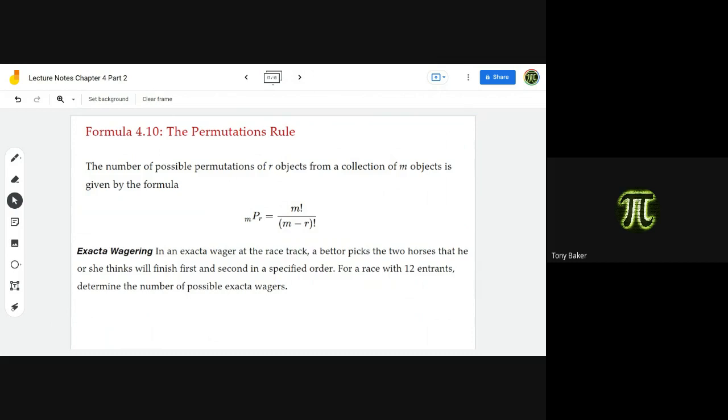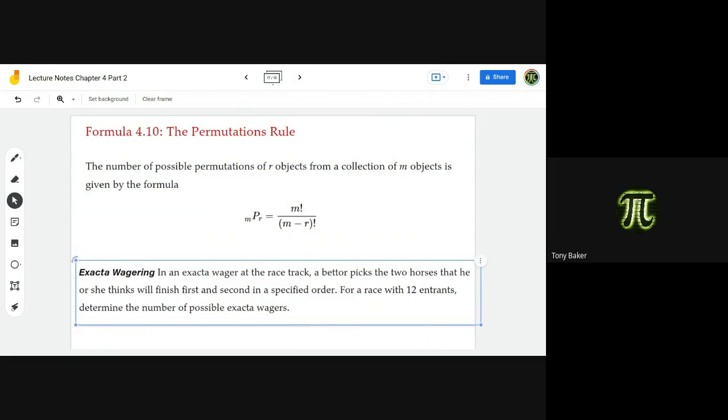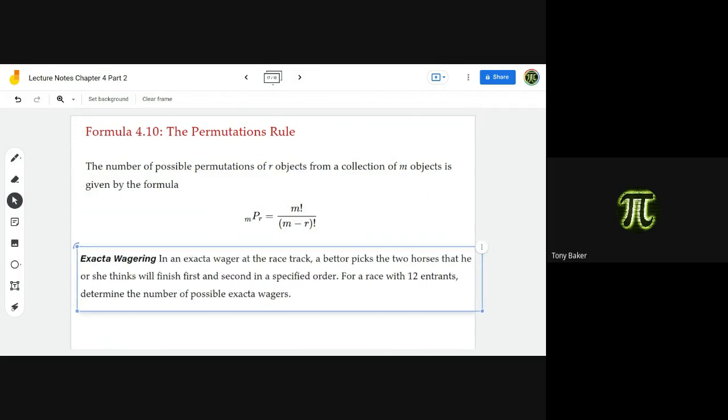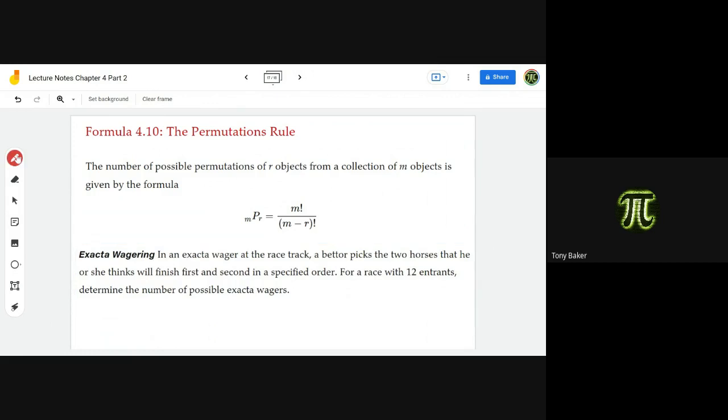So when you're looking at nPr, when you're writing this, how you write it is going to end up mattering. nPr. It's the number you have, so in this case it's 12, and you're choosing 2.